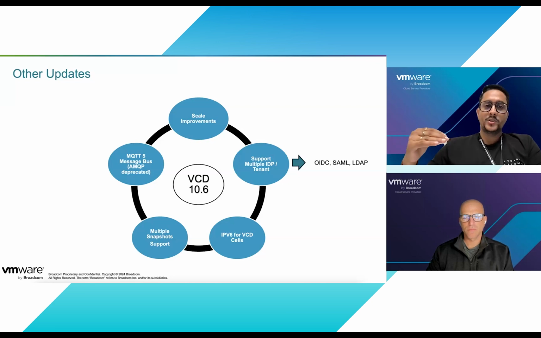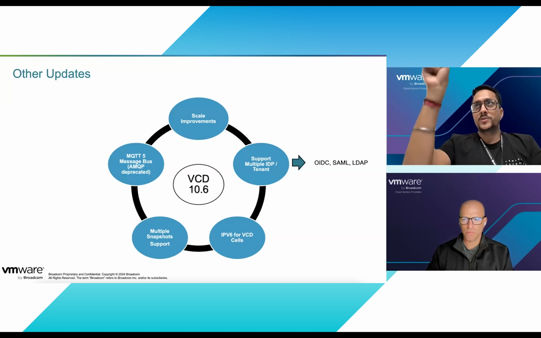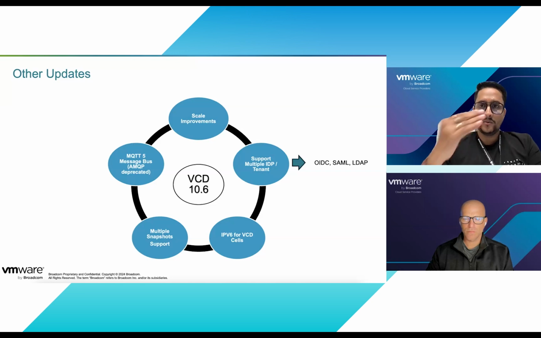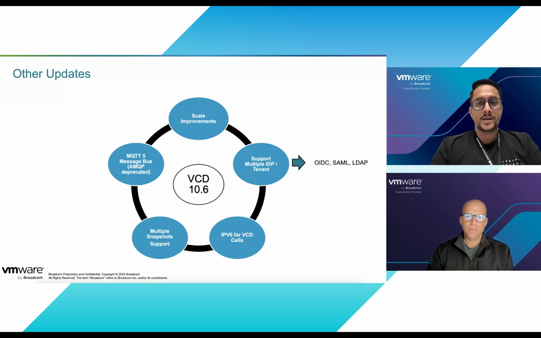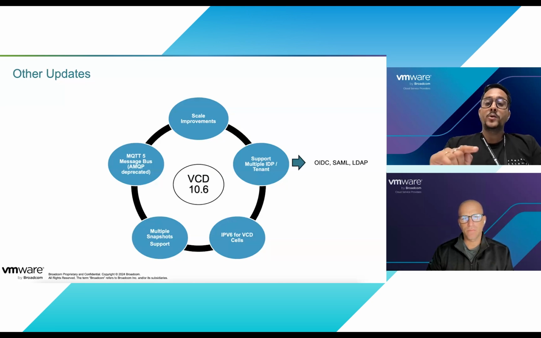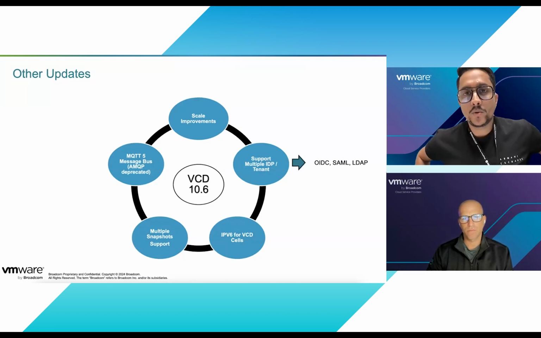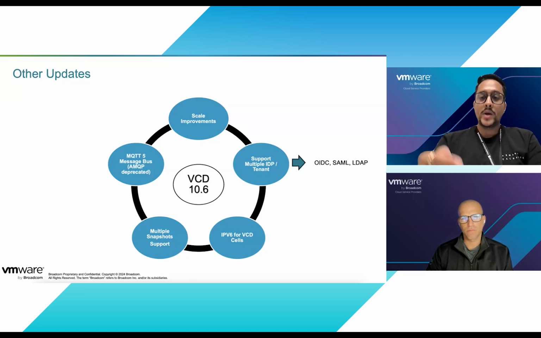It's basically an Excel file which you could download from the VCD portal, configure which user is for what IDP, and then import it back, where the Cloud Director cell itself will migrate the local users to the respective IDPs you have mapped them to. Got it. So that's an inbuilt tool where the local users can be migrated to the authenticated IDP within the system. Basically, I need to have my VCD cell pre-configured with OIDC, SAML, LDAP so that I can see them as an end destination to map or migrate my local users.